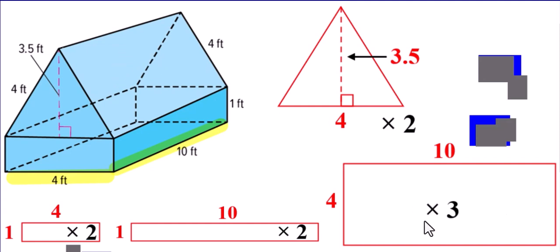So that's why I said times 3. The one at the bottom, coincidentally, was the same measurements as the slanted rectangles at the top. They might not have looked that way, but that's because perspective, when you look at a three-dimensional figure, is not always accurate for how you would look at them straight on.